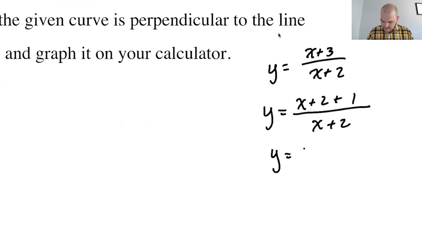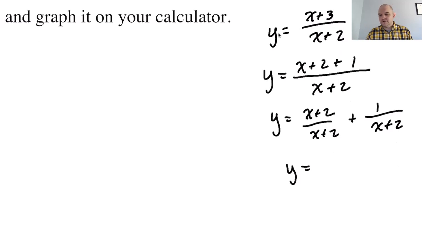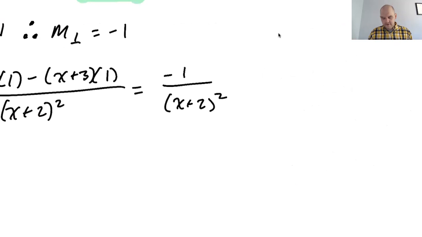And then I can make that (x plus 2) over (x plus 2), and then +1 over (x plus 2). So I could rewrite y. You could also do long division, which would give the exact same result. But I get this. So this is going to be helpful because I'm going to actually sketch the graph. And this graph is easier to graph than the original. But also this derivative is a little easier to take because the derivative of 1 is 0. And then if you use a quotient rule on the second part, the derivative of the top is 0. So a lot of stuff just zeroes out. And you end up here no matter how you do it.